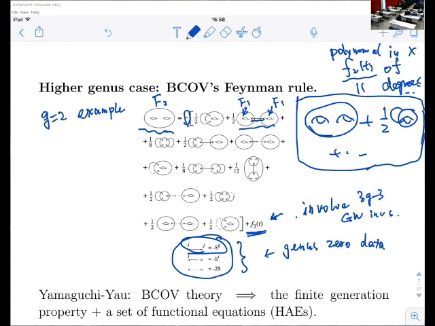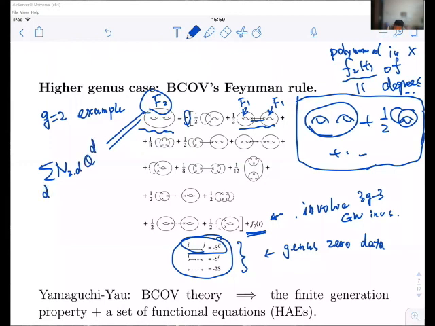The coefficients, how to see that? You mean the coefficient of this F2T? We can't compute it directly, but we can compute the lower genus Gromov-Witten invariants, because this F2 is equal to some graph sum of lower genus Gromov-Witten invariants.